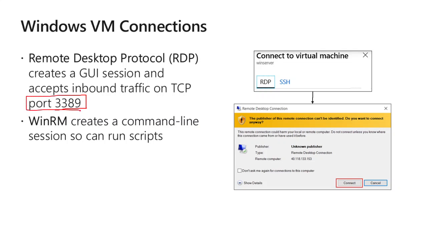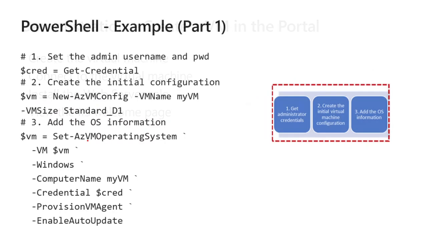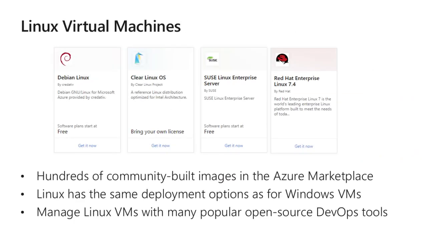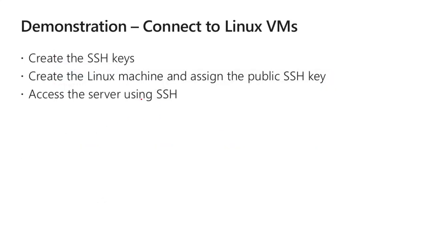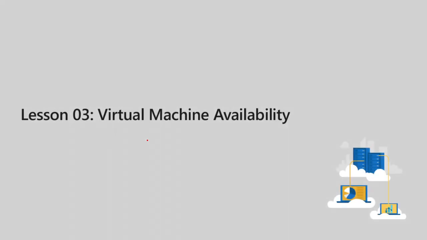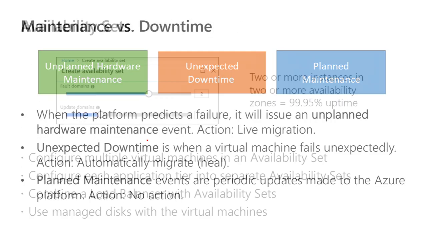We'll talk soon about what a port is. If you are connecting to a Linux virtual machine, you can simply connect over SSH connections. And we have seen the availability set.